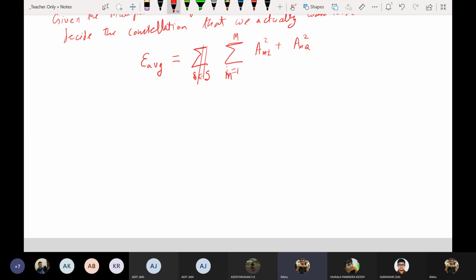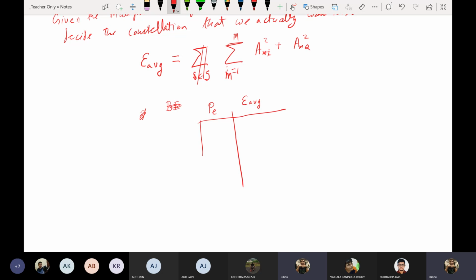say, cross, BER, or symbol error rate, probability of error, E average. I'll draw a table for you and tell you that, say cross, triangle, circle, square.